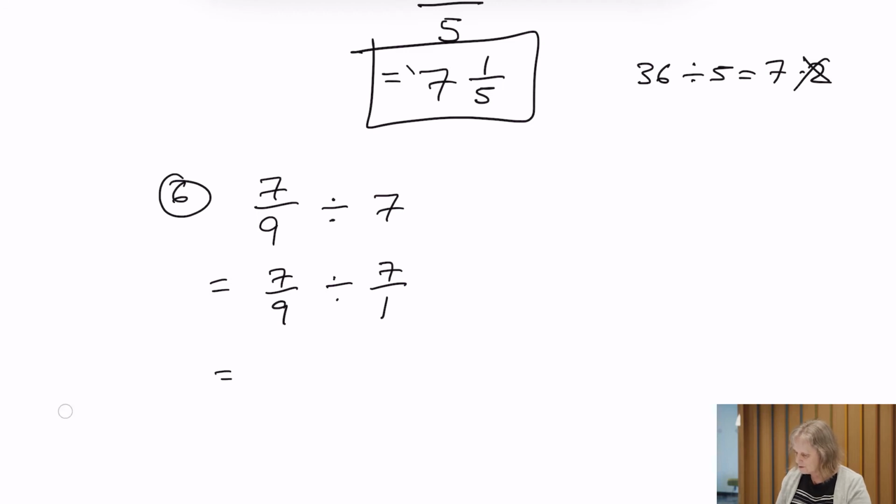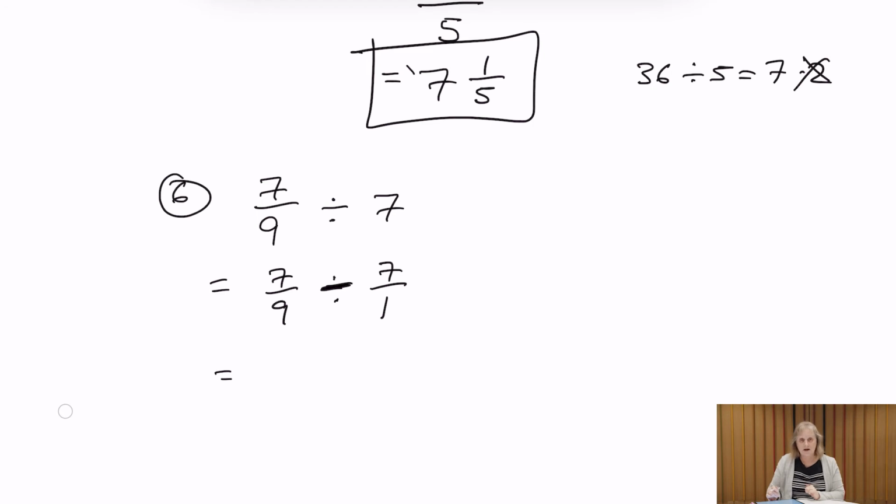When we're dividing fractions, there's one extra step: we have to change it into a multiplication. We can't do the division at this point. We change it into a multiplication, and then follow the procedure for multiplying fractions.